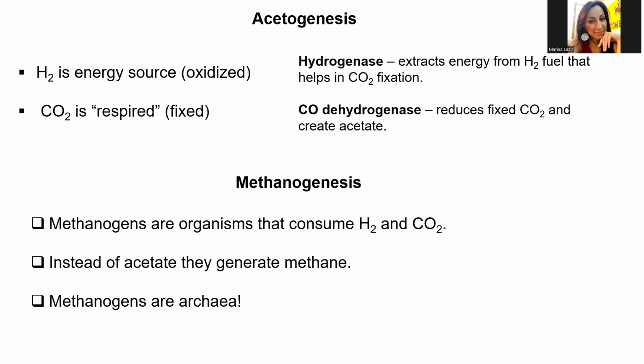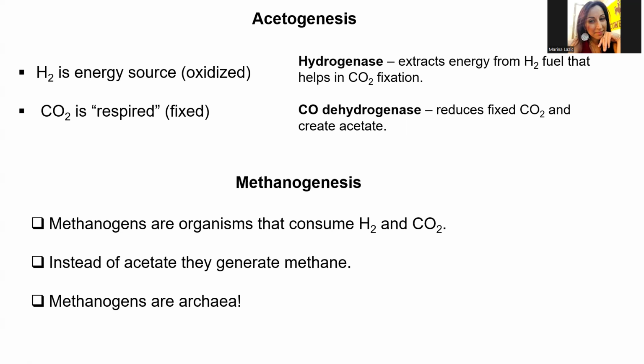And most important, they use hydrogen as an energy source and they fix carbon dioxide with the Wood-Ljungdahl pathway. Methanogenesis has a similar product. Acetogenesis produces acetate as a metabolic product. Methanogenesis produces methane. Methanogens compete with sulfidogens for the hydrogen source.